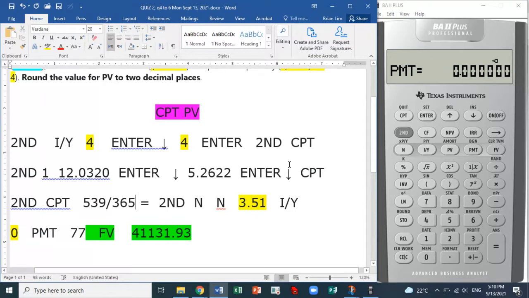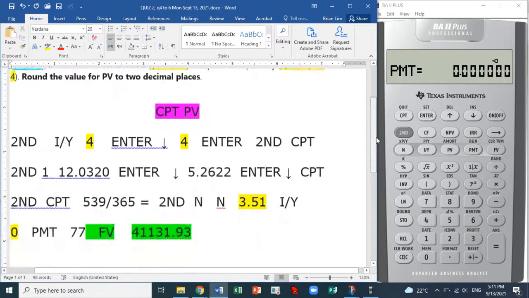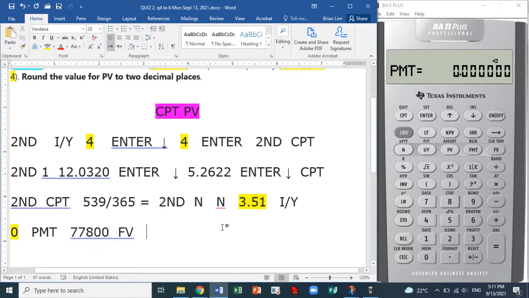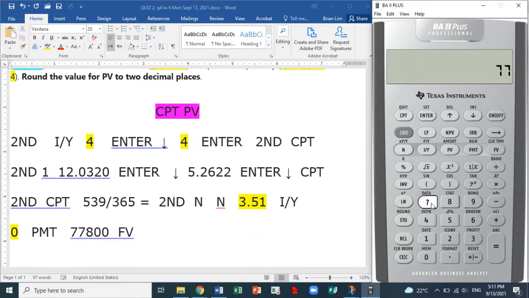I think that's what it is. Let's go back and check it out. 77800. Okay, so we come down here and put in the future value. Let's space over and delete all of this here, and then put in 77800. That's the future value.